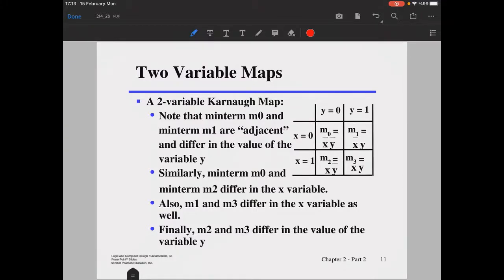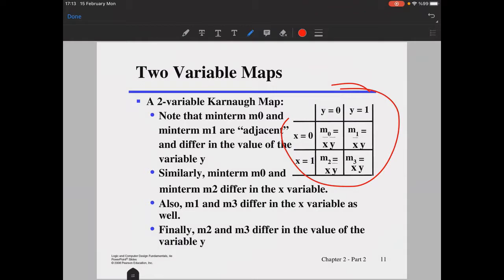Here you see the two-variable maps. What you have here is the index number, where you have x and y as inputs. You have both possibilities here, 0 and 1. 0, 0 is your index 0, then 0, 1 here, then 1, 0 here, and 1, 1 here. That's it.